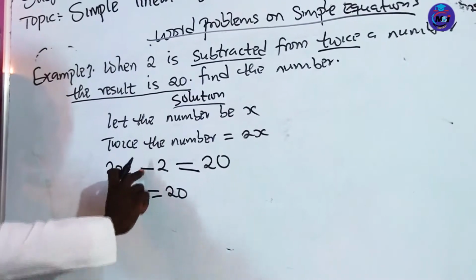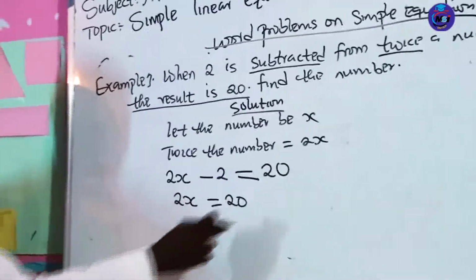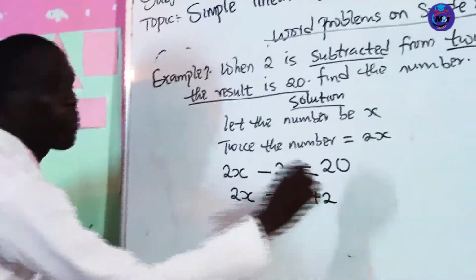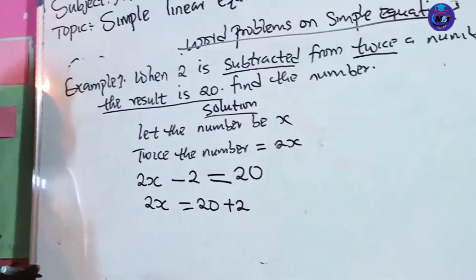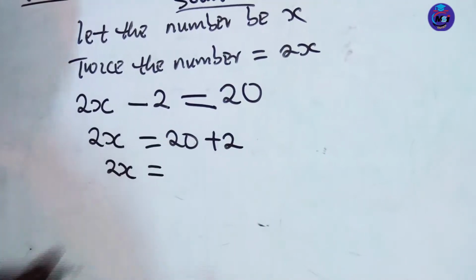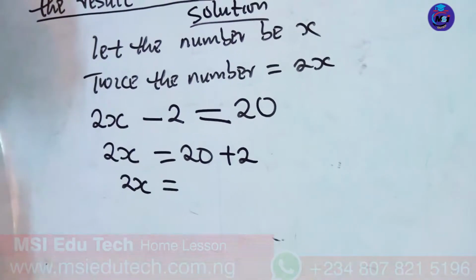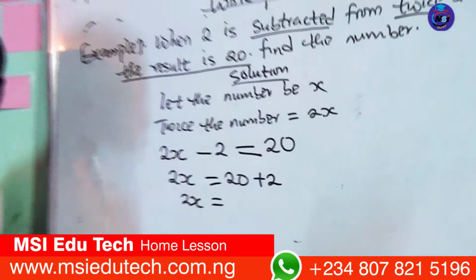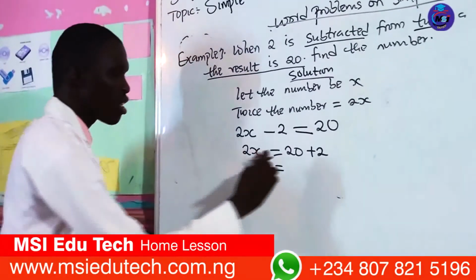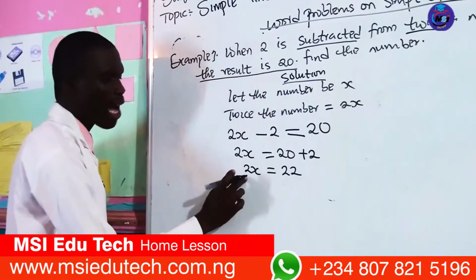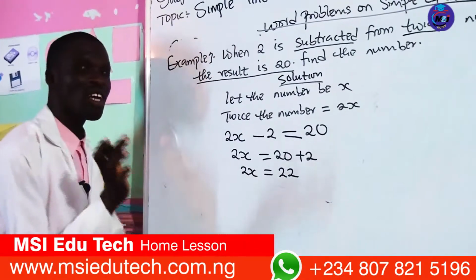When this minus 2 crosses to the other side, we are going to have plus 2. Am I right? 2x equals 20 plus 2. What are we going to get? 25? Okay, not 25, not so. It's 22.